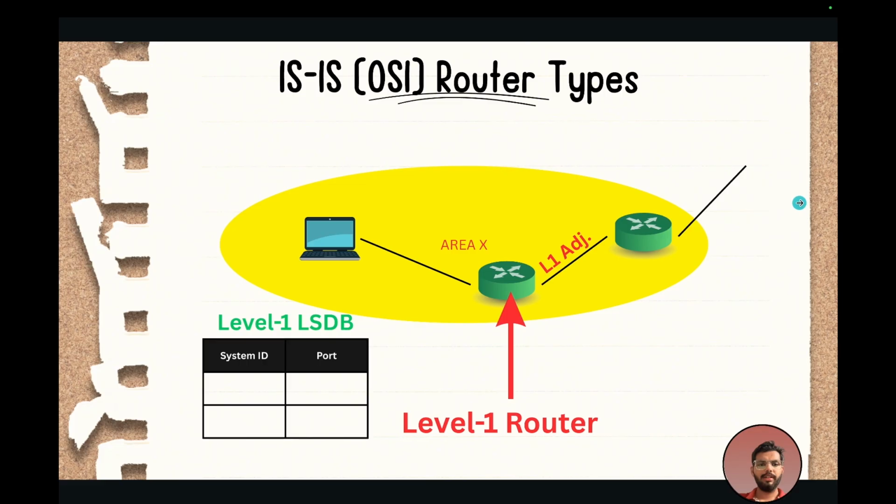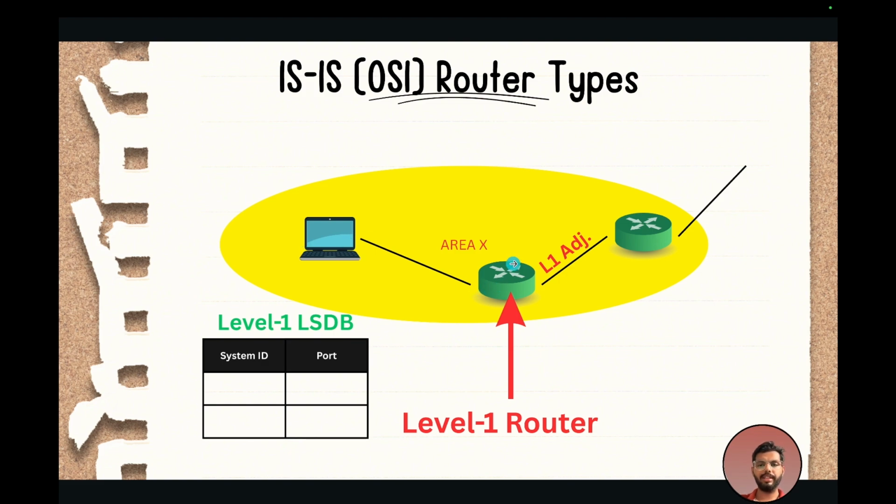Now a very important part of the ISIS basics is router types. There are 3 router types. First is the level 1 router. A level 1 router, or level 1 intermediate system, is connected to other intermediate systems in the same area and to end systems in the same area. For example, consider this router, which is connected to the router in the same area and to the end system in the same area.